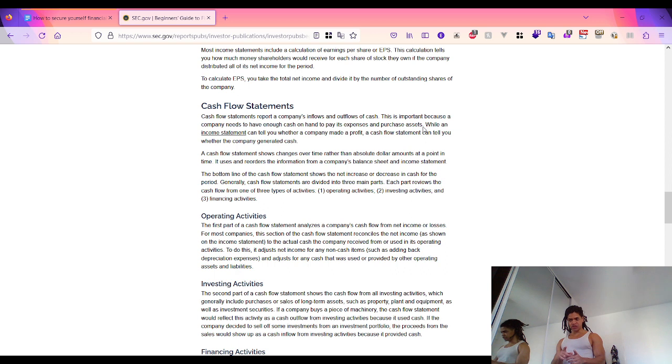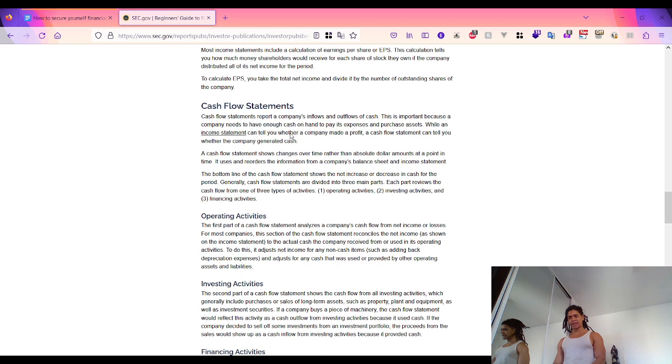So the cash flow statement reports a company's inflows and outflows of cash. This is important because a company needs to have enough cash on hand to pay its expenses or liabilities and purchase assets.